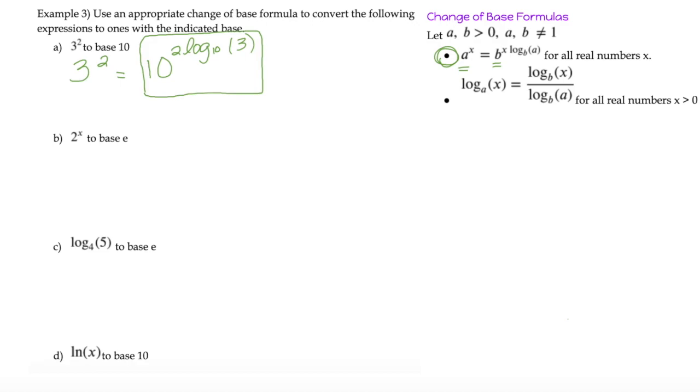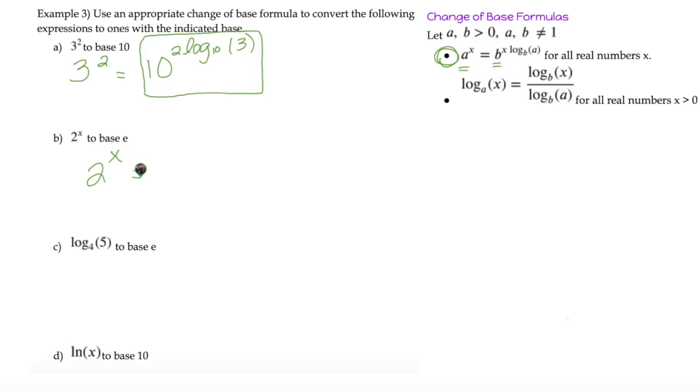Here I have 2 to the power of x. We don't have a power here, but I want to turn this into a base of e. So we're starting off with an exponential function. We want to turn it into base e. Currently, we have 2 to the power of x.